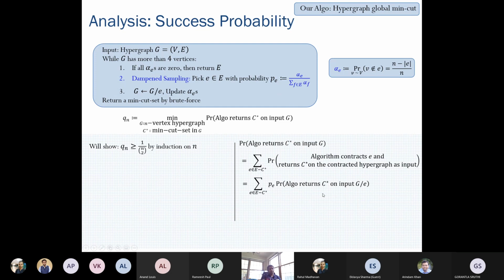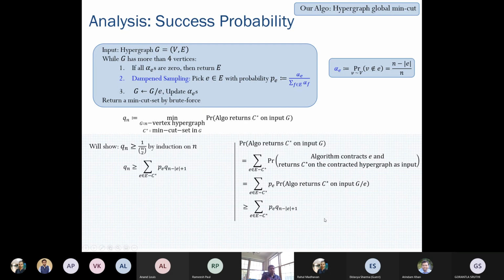And the probability that the algorithm returns C star on input G contract E: note that when you contract E, the number of vertices in the contracted hypergraph will be n minus the size of E plus 1. And by induction, the probability that the algorithm returns C star on G contract E is at least Q of n minus size of E plus 1. This is by definition of the Qn.